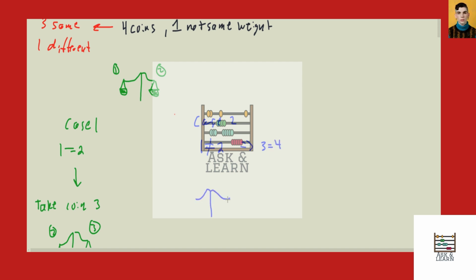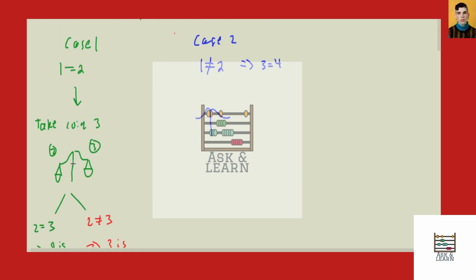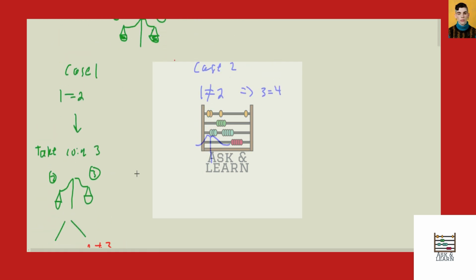All right. Well, then we do the same thing that we did over here. We're going to take just one of the coins that are the same and then see which one is different. So let's take 2 and 3. So we'll have 2 and 3 here again.